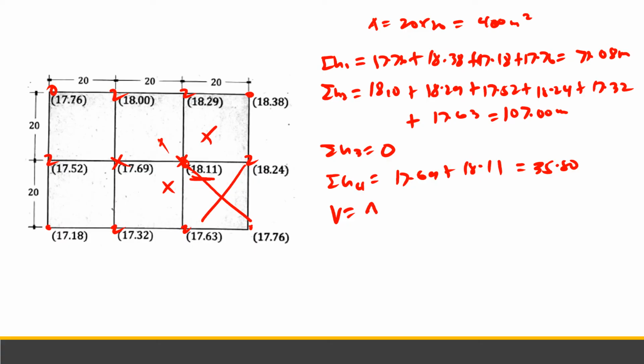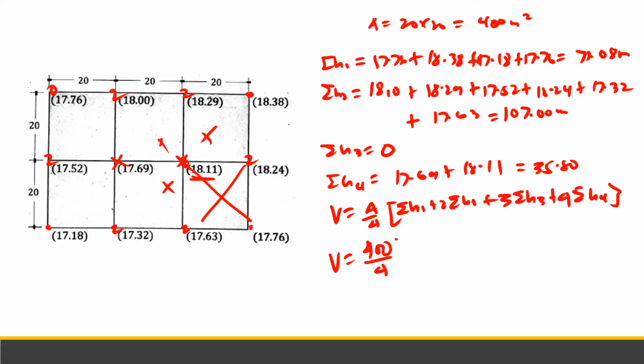So the volume is equals to area over 4 times summation of H1 plus 2 times H2 plus 3 times summation of H3 plus 4 times summation of H4. So that is 400 over 4 multiplied by 71.08 plus 2 times 107 plus 0 plus 4 times 35.80.